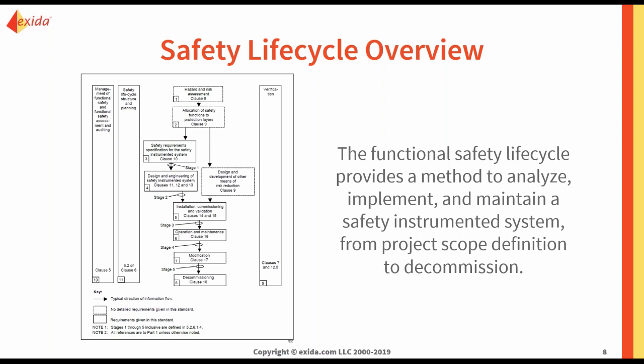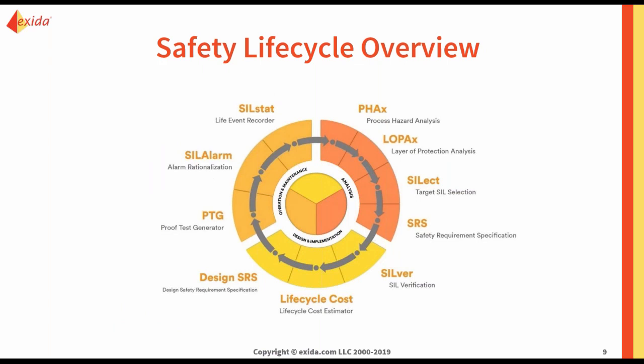And when we actually try and create a work process to address all of these different requirements, we find that it is more of a cycle. So from a data flow perspective, the information needed to complete all of these tasks flows in a cycle. So let's say, for instance, in your PHA, you have a deviation, a challenge to your process parameters that could cause a hazard. So you document your cause, your consequence, and you have your resulting risk.